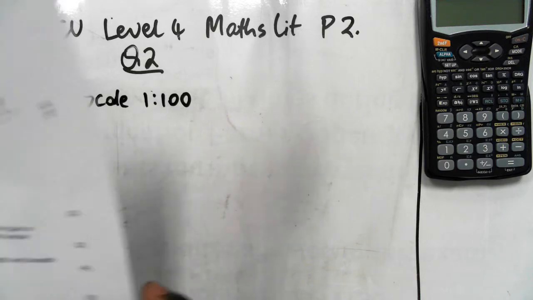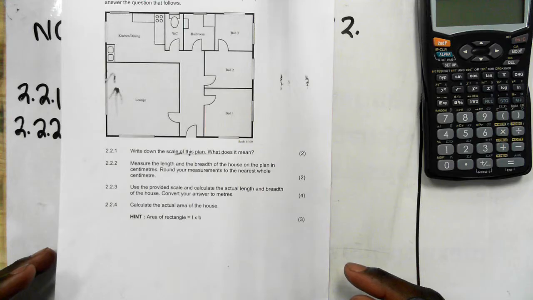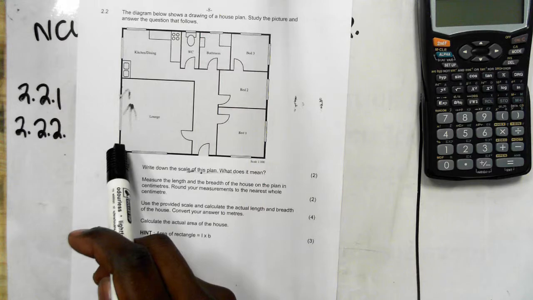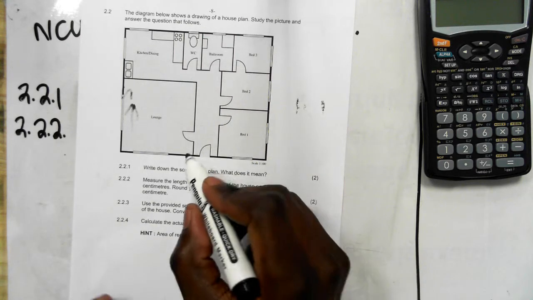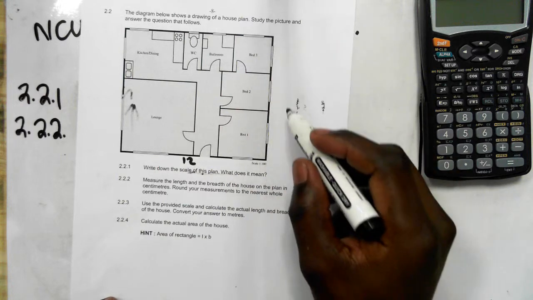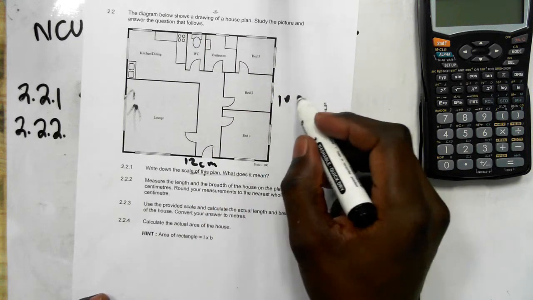Question 2.2.2. Measure the length and the breadth of the house on the plan in centimeters. Round off your answer to the nearest whole centimeter. Okay, so you will need a ruler for this, measuring from there to there. We found it to be 12, and then measuring there to there, we found it to be 10. So it's all centimeters.